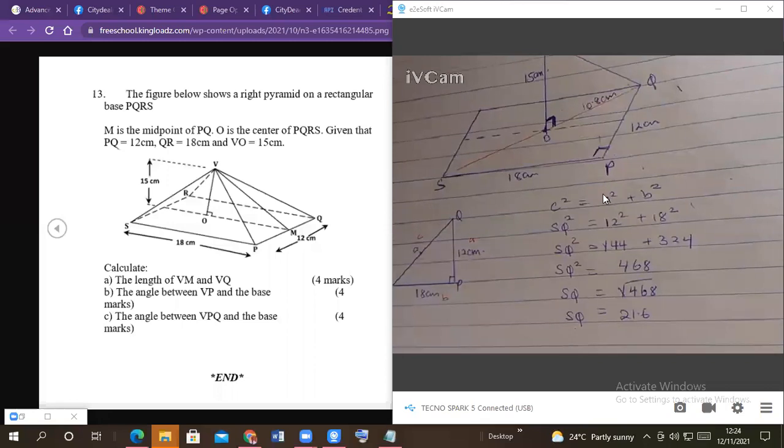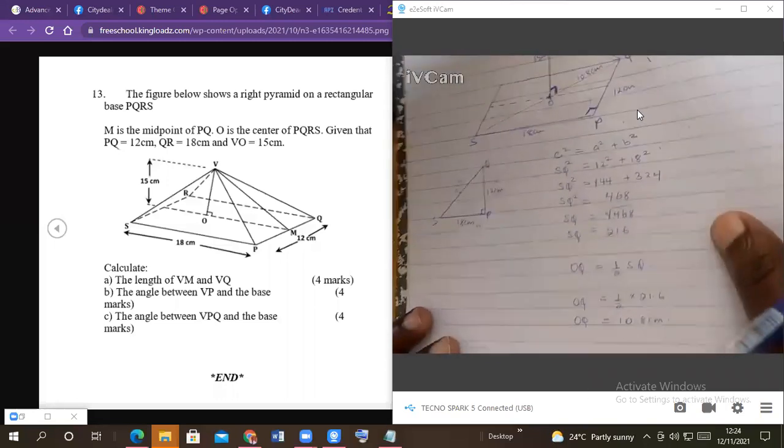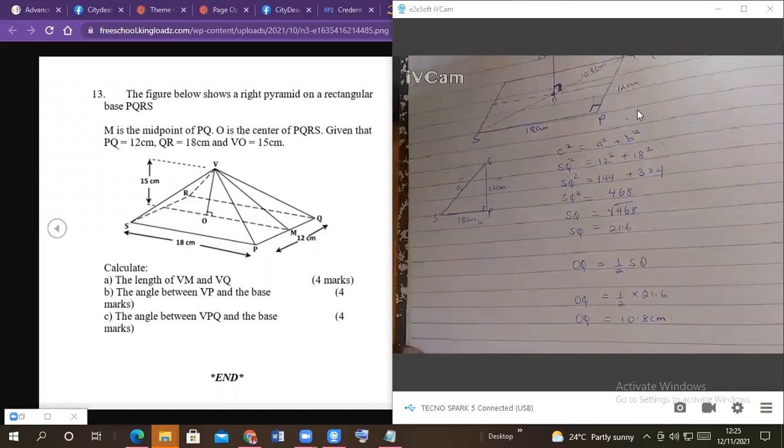So the next thing that I'm going to do is use triangle VOQ to find VQ, because VOQ is a right-angled triangle.